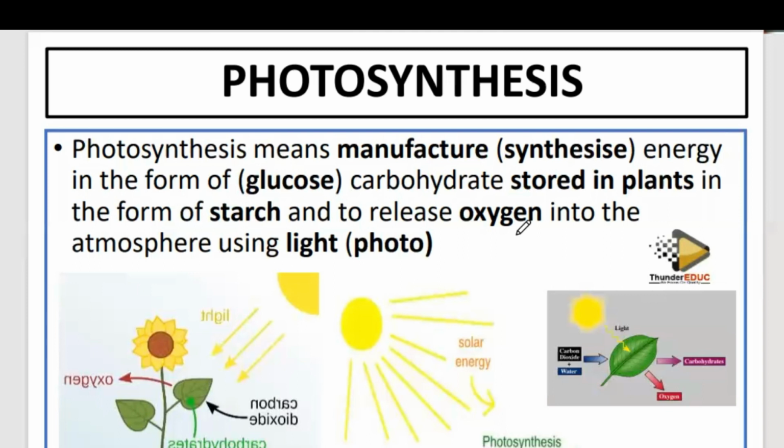So this produces glucose, that's number one. Number two, produces oxygen, so we benefit from glucose and oxygen. Number three, we also benefit by photosynthesis taking away the carbon dioxide we have produced in different processes, as you saw in grade 10.